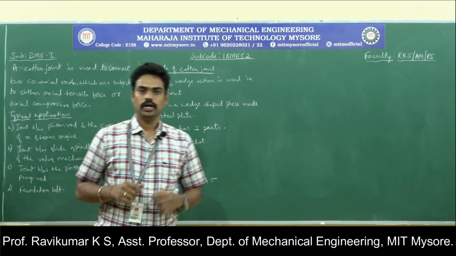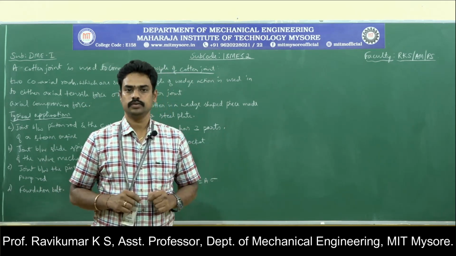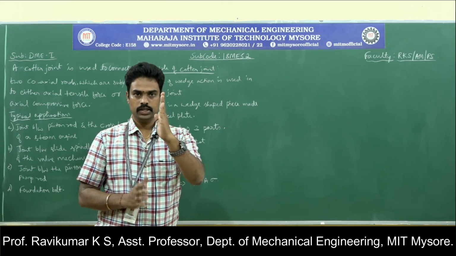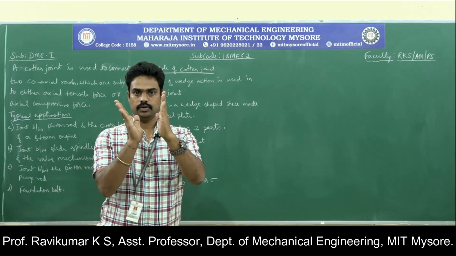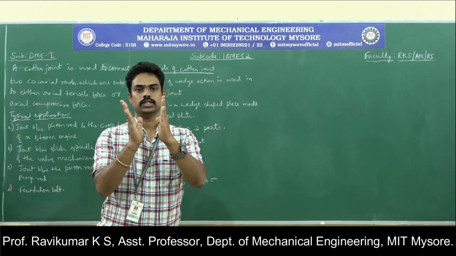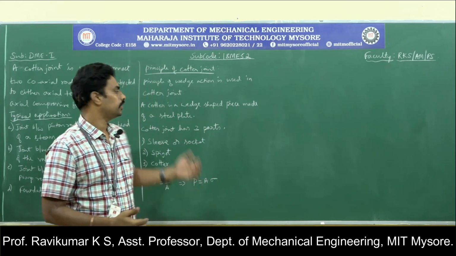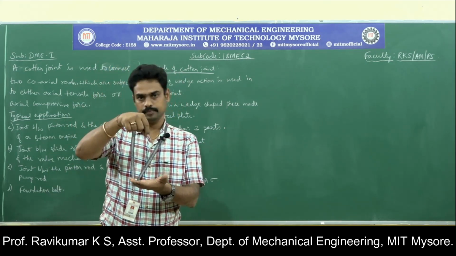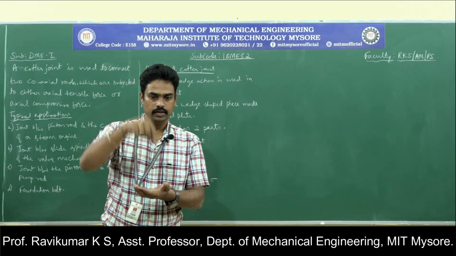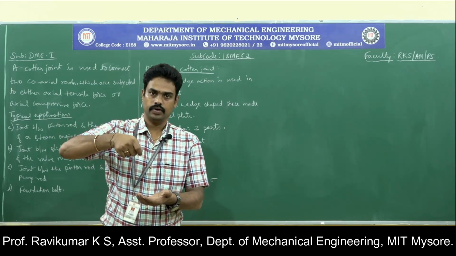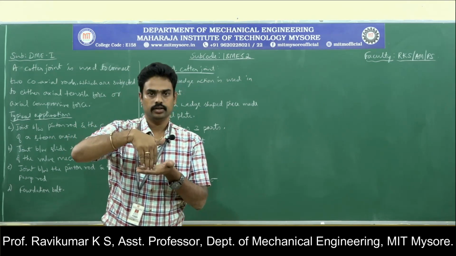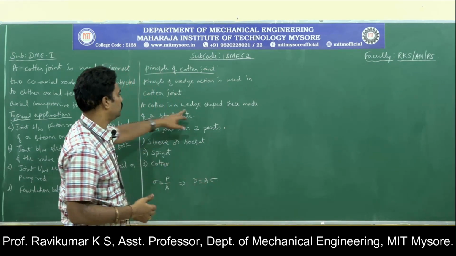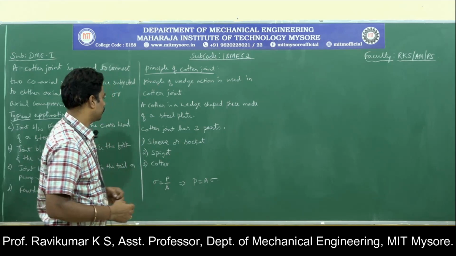In the side view it will be rectangular in cross section, and in the front view it will have one side flat and another side tapered like a wedge. Wedge action is the principle used in the quarter joint, because if you insert a wedge shaped member and hammer it, it will fit tightly in the slot. That is the concept of the wedge shaped piece.